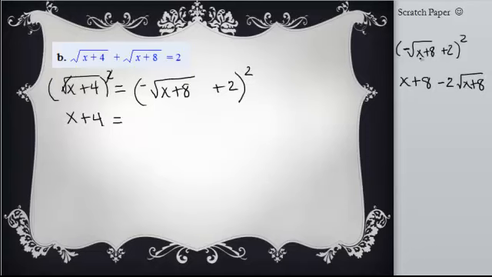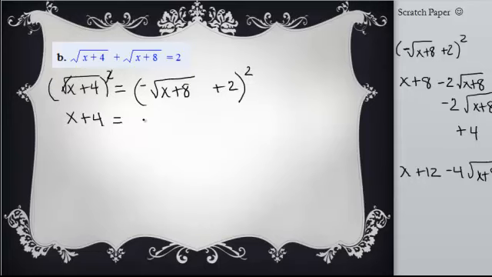And then we'll have this times another one of those, so another negative 2 square root of x plus 8. And then we'll have a 2 squared, which is 4. So if we were to write all of that out, we would have x, 8 plus 4 is 12. And these two added together will be minus 4 square roots of x plus 8.